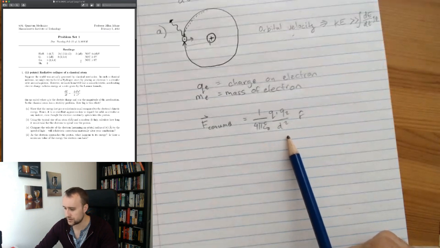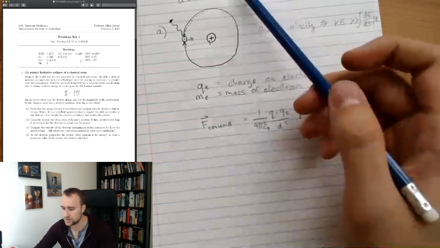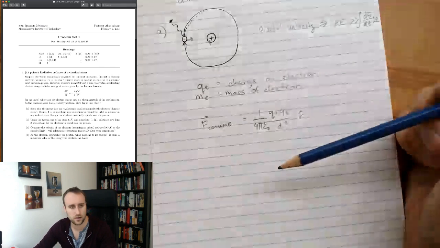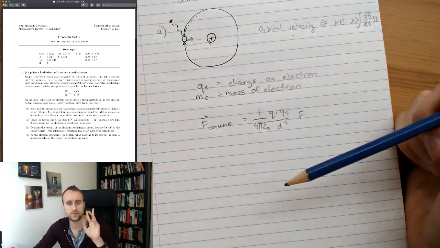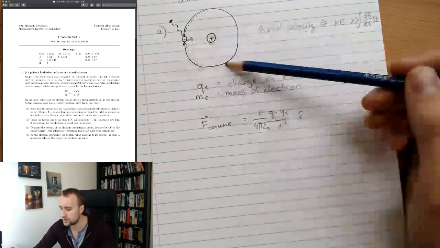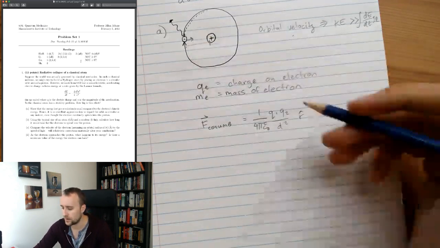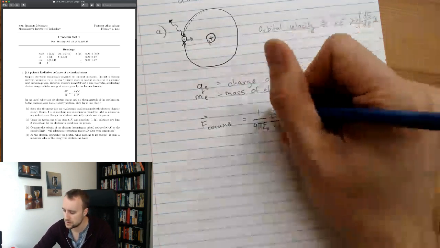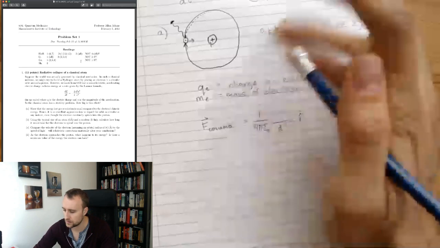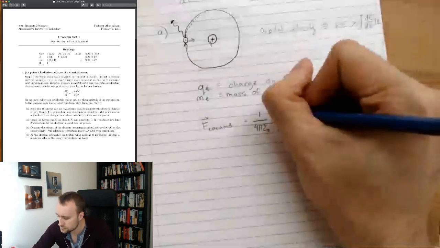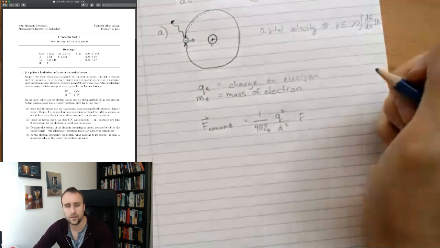Do I need the charge on the electron? I don't know, because we're using it here too. I know this is a hydrogen atom, which has one positive and one negative charge, so these two are the same. I can just substitute Q1 and Q2, making it Q squared here.